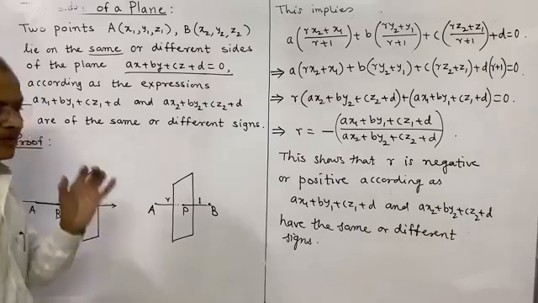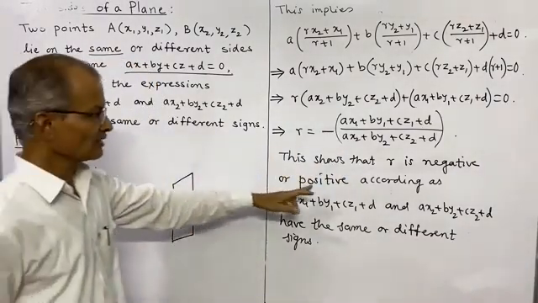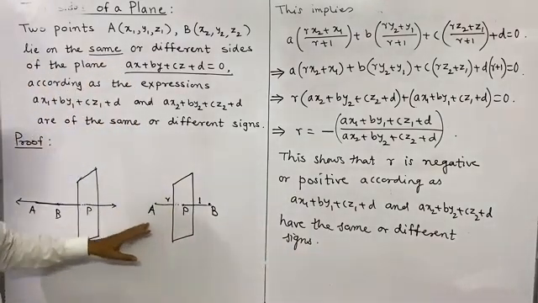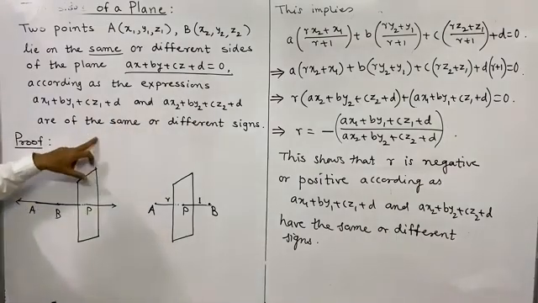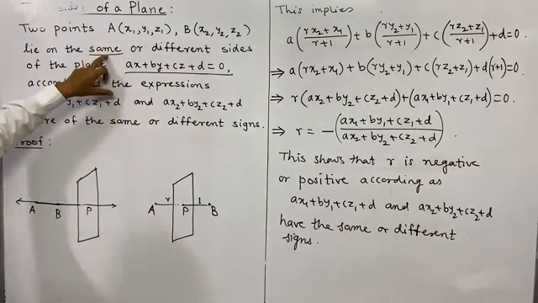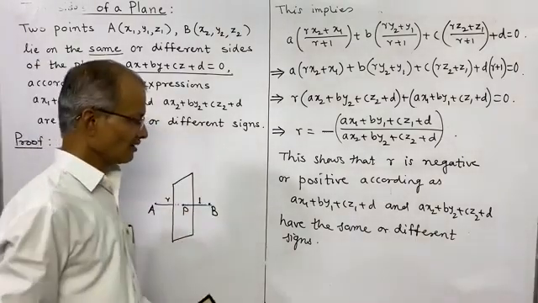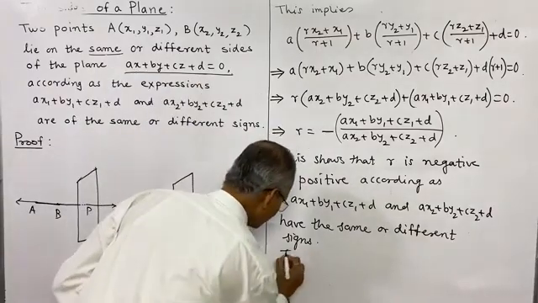And this proves the result. So earlier we have written r is negative means same side, and r is positive means different side. And thus this proves the result. If they have the same sign, then the points lie on the same side, and if they have different signs, the points lie on different sides. So this proves the result.